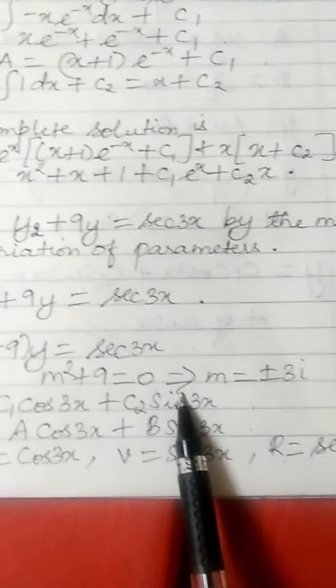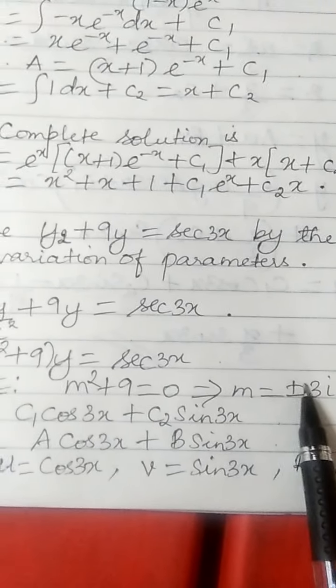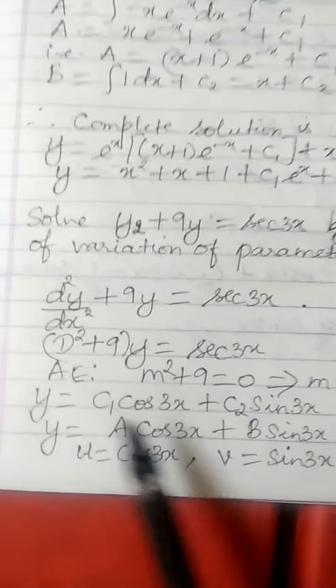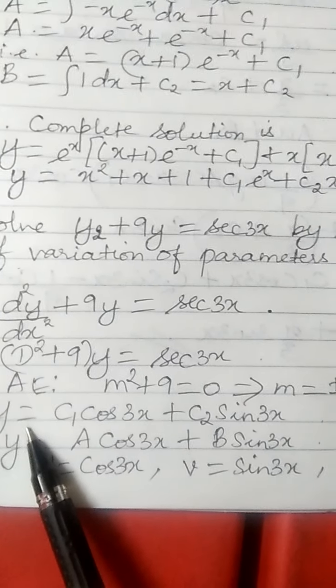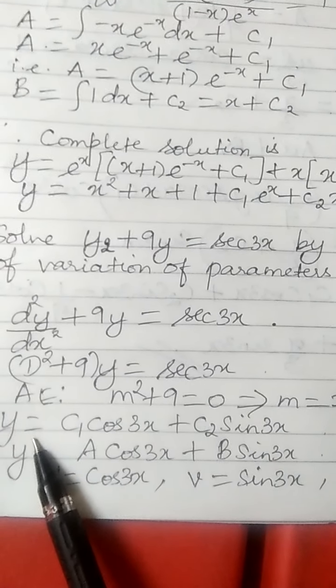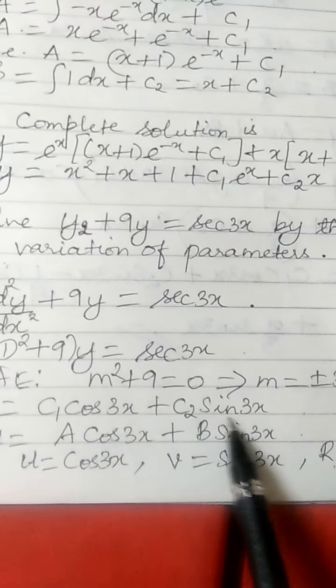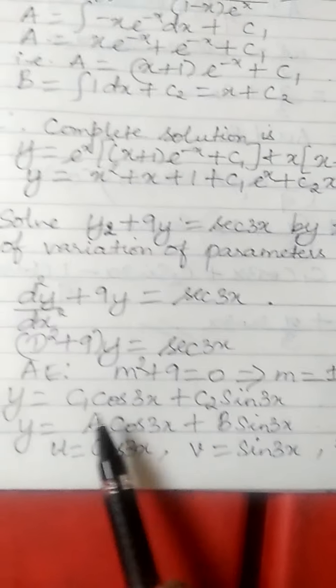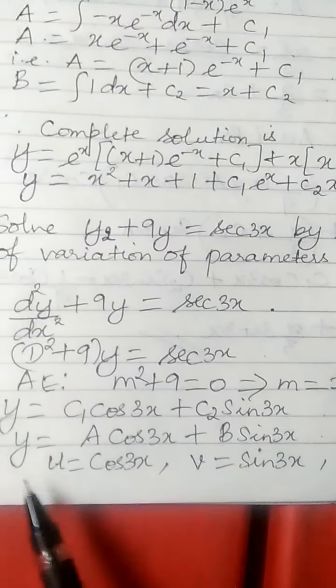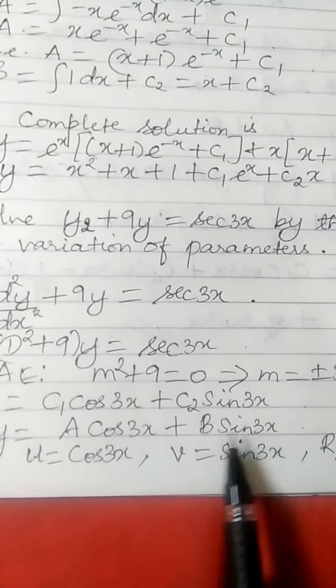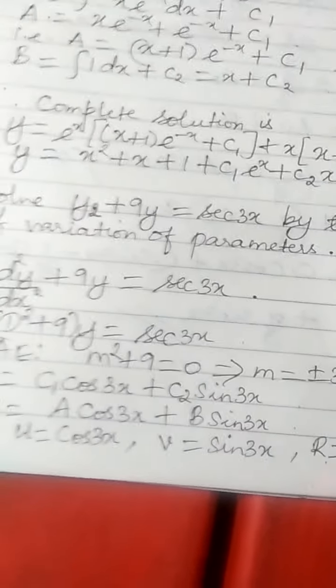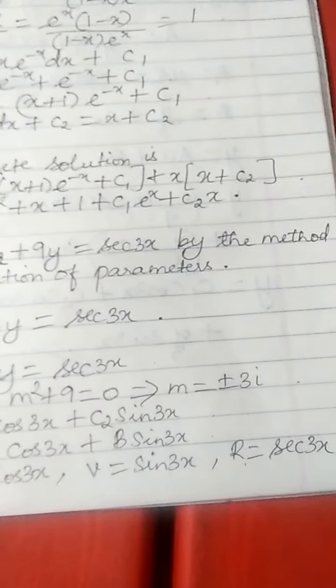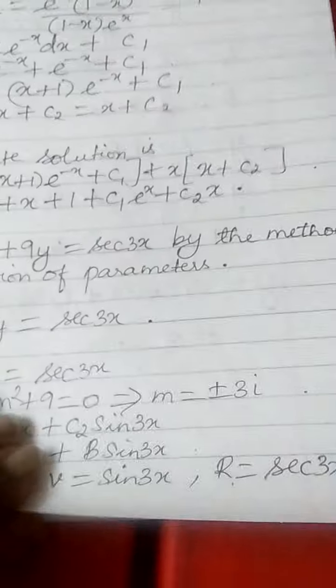Auxiliary equation is m square plus 9 equal to 0, and the roots of the equation are plus or minus 3i. Hence, the corresponding solution is y equal to c1 cos 3x plus c2 sin 3x. c1 and c2 replaced by A and B. Y is equal to A cos 3x plus B sin 3x, where u is equal to cos 3x, v is equal to sin 3x, and r is equal to secant 3x.